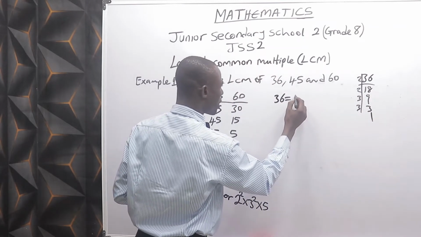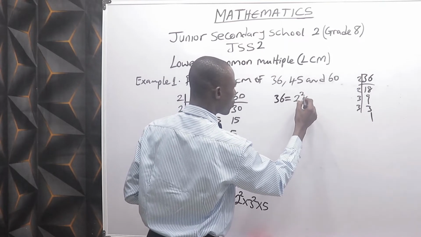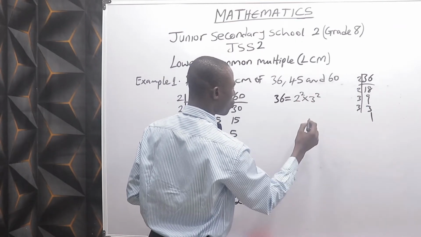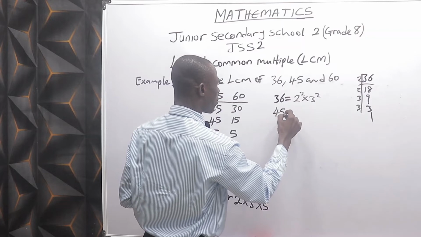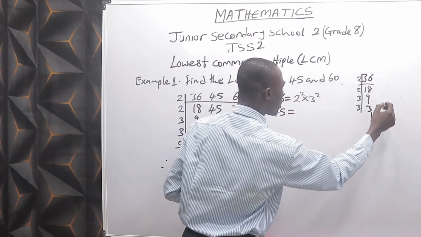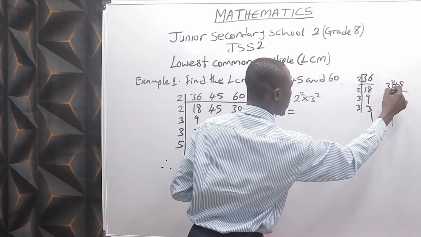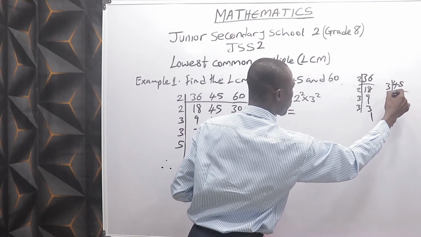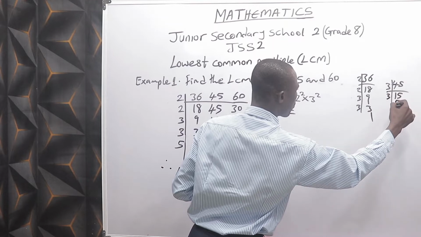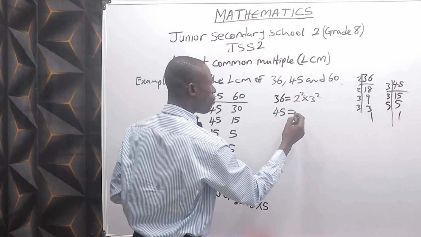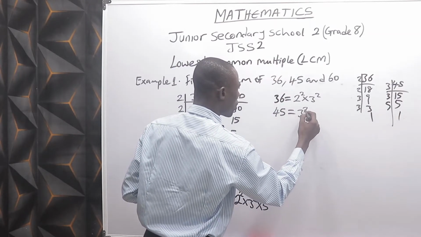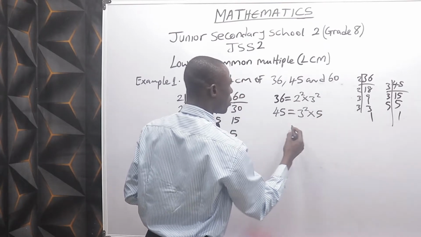So 36 is 2 raised to power 2 times 3 raised to power 2. 45 will be 3 goes there, 15, 3, 5, 5, 1. So 45 is 3 raised to power 2 times 5.